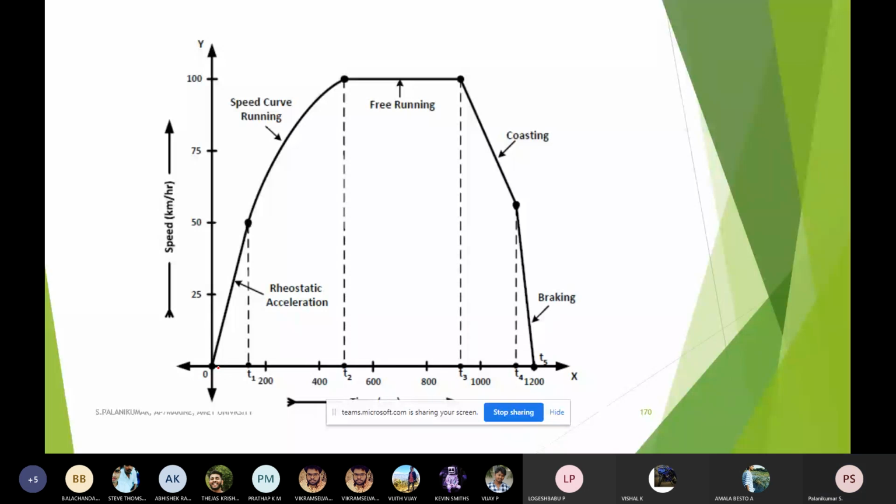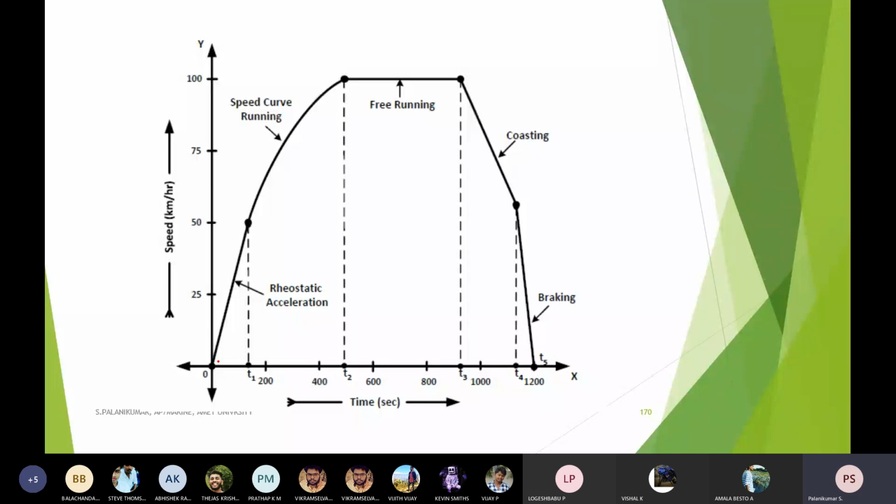This is the speed time graph for the main line. This is happening in seconds, and I have taken it up to 1300 seconds.